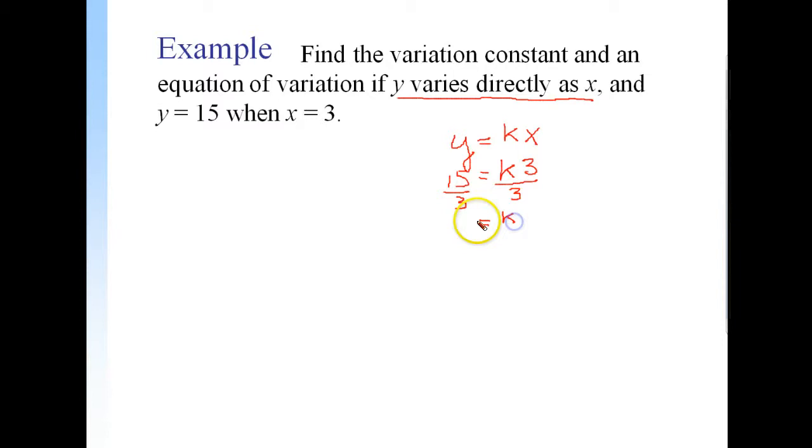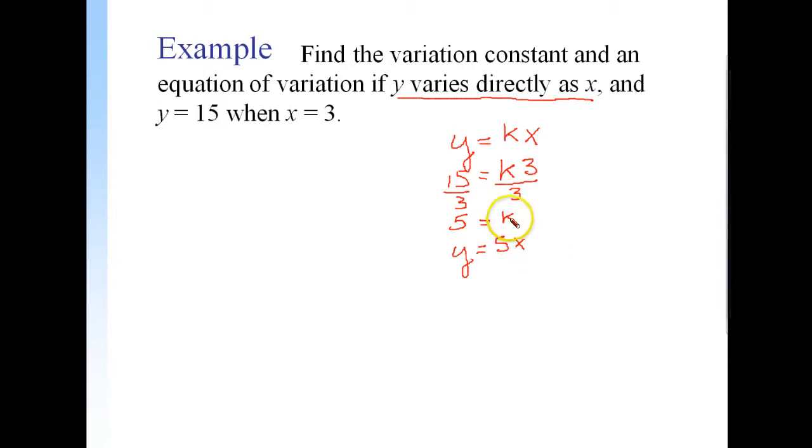And we get k equals 5. So find the constant of variation. Well, the constant of variation is going to be 5. Now, what would the equation of variation be? Well, you now go back to what we started, but now you know that k is 5, and there it is.